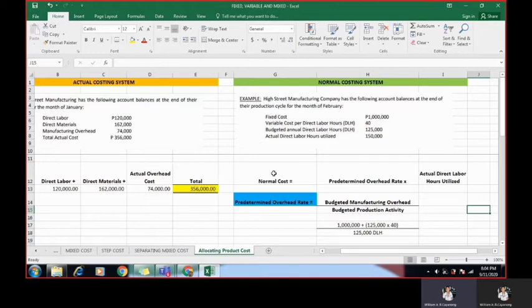So the predetermined overhead rate is the ratio of the estimated total overhead to the estimated total cost driver selected. A company may employ a plant wide rate or departmental rates, where the budgeted manufacturing overhead is divided into several cost pools and uses each driver as the denominator in computing for the predetermined overhead rate.